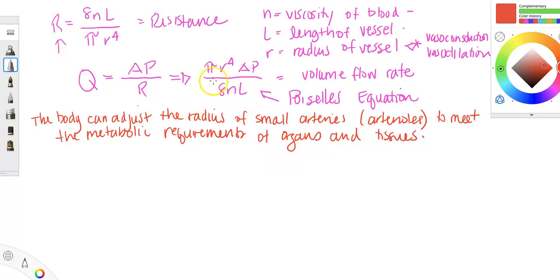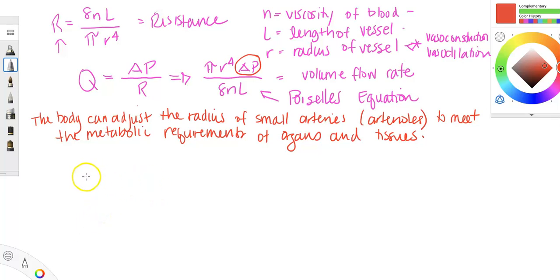And you can kind of see in this equation what a big effect the vessel radius, or even diameter, however we're going to call it, but in this case we're calling it the radius, has. So r to the 4th power. Now, in this, we can also change delta P. We can change the pressure for volume flow rate.